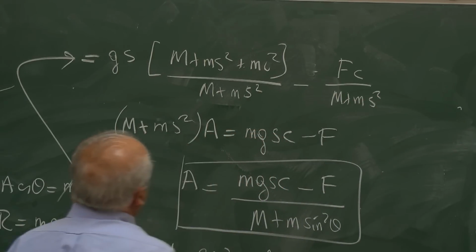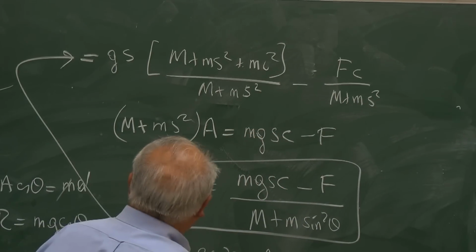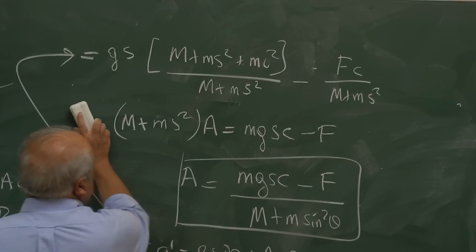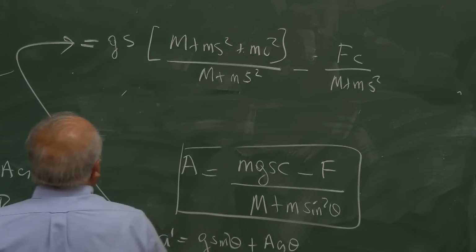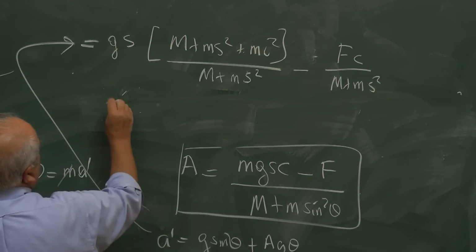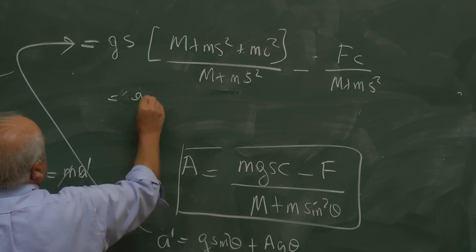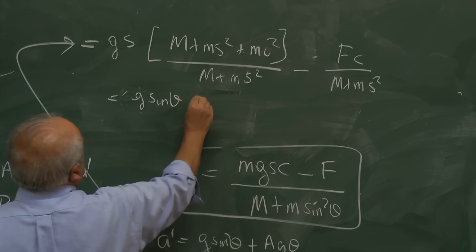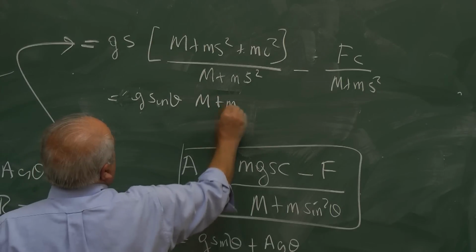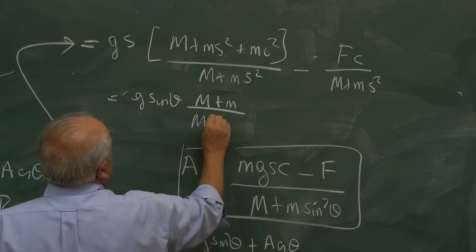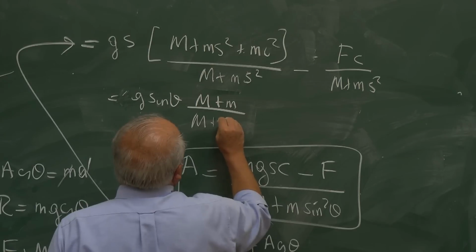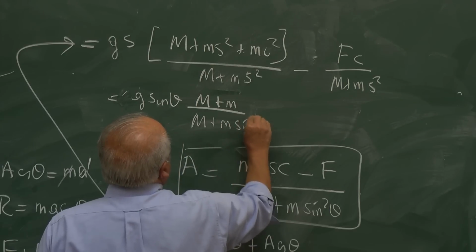Let me write it, I'm erasing this part. That's equal to g sine theta (M plus m) divided by M plus m sine square theta.